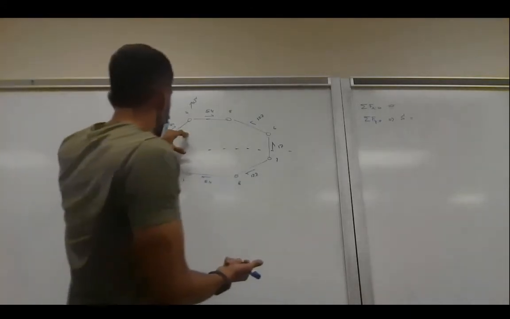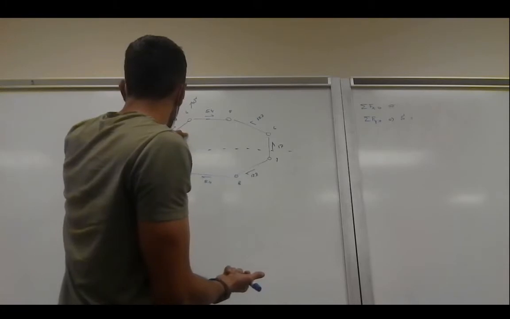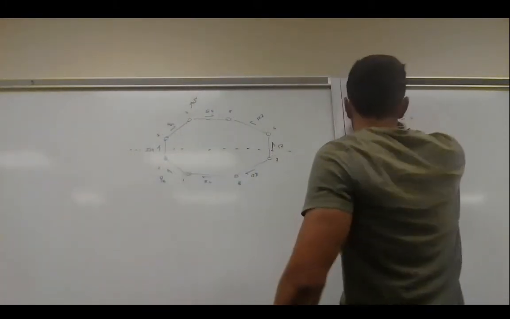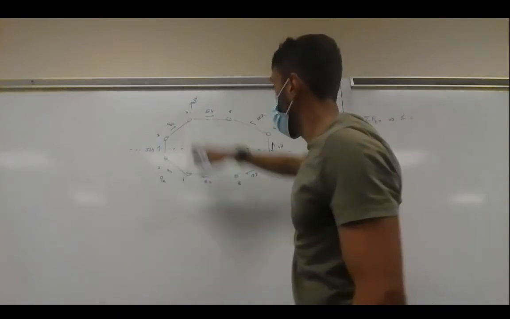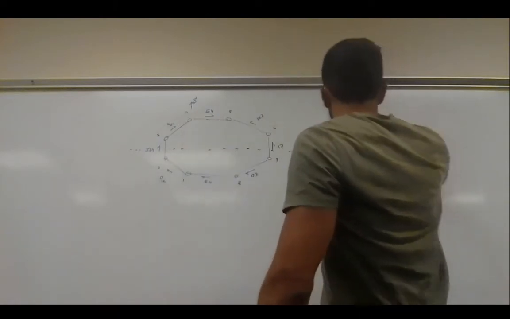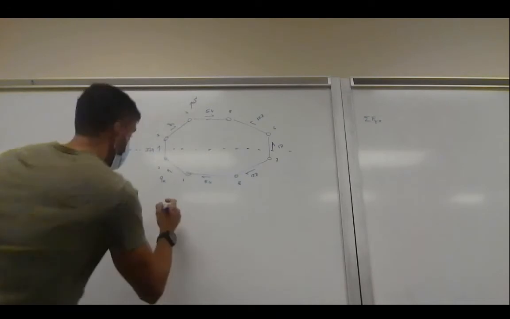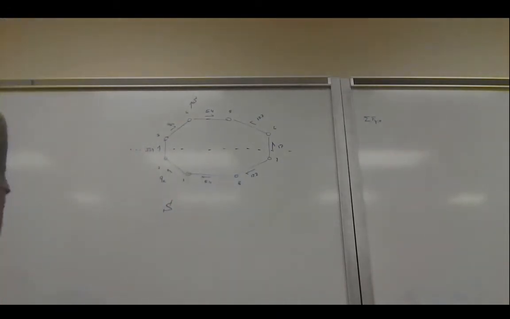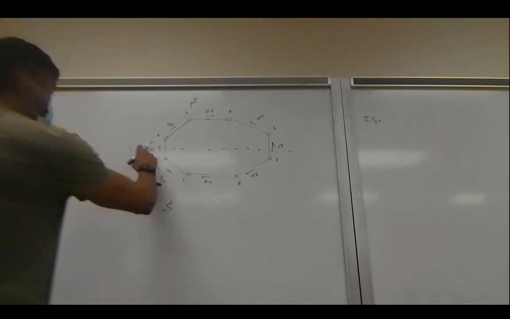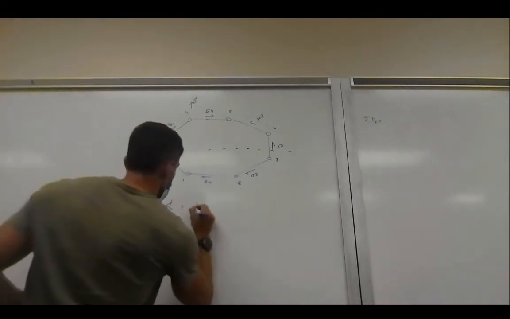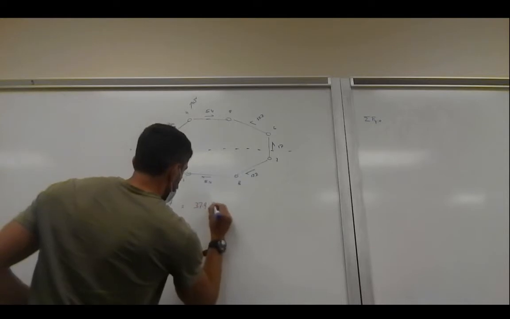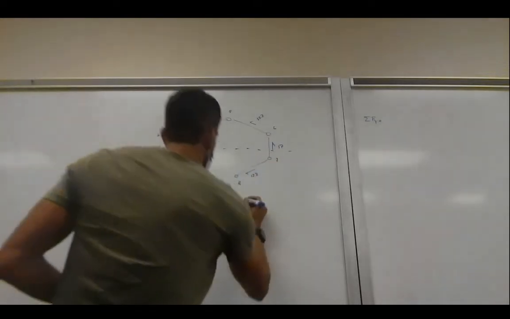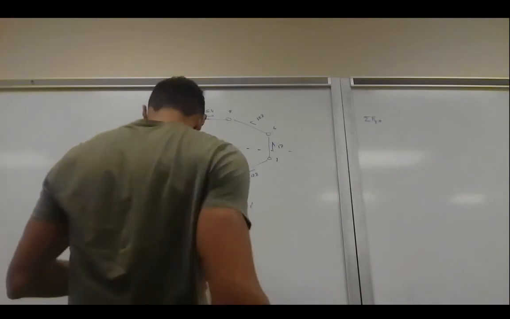So let's use the equilibrium of forces in the y direction. We ignore x for now, and we say it must be equal to S. So we know S is equal to 37.9 times 100 plus 17 times 60.